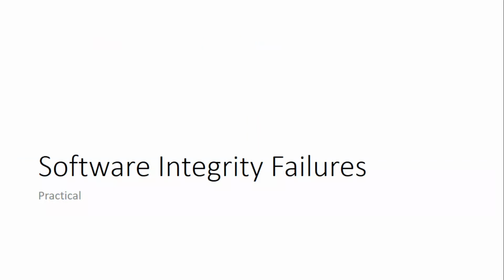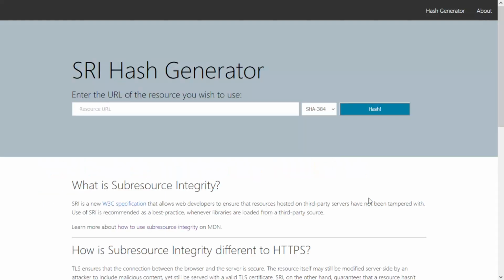Here, what is asked of us is to verify the SHA-256 hash for a certain script. And for that, we can go to srihash.org to generate hashes for any library if needed. So let's do that. Here it's asking us for the SHA-256 for this script.